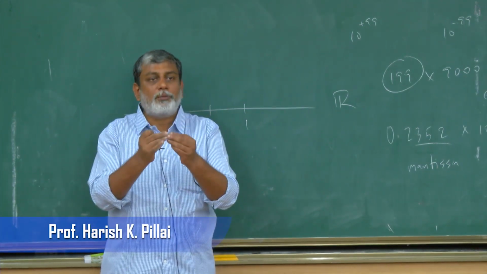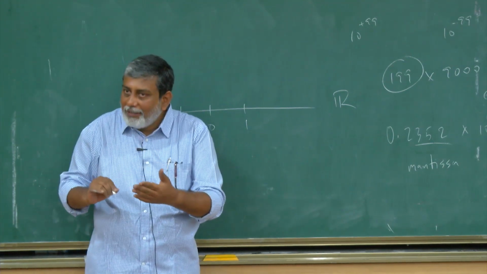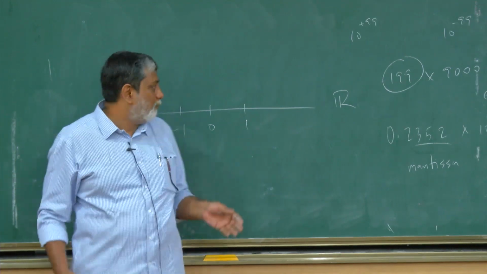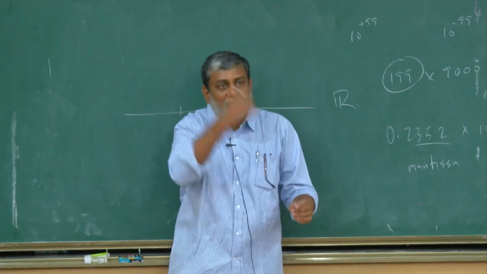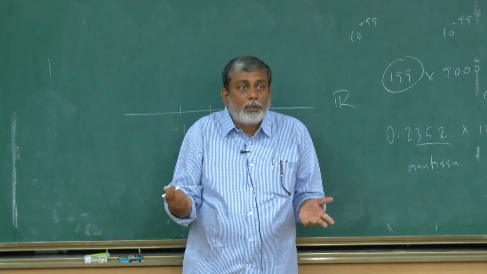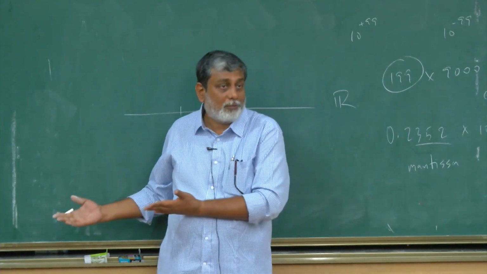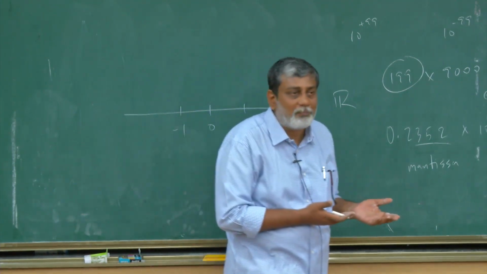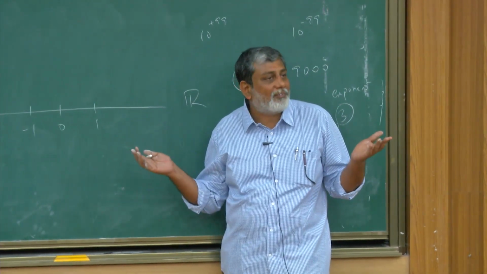When you do the operation by hand, you get an answer. But that answer may not be representable here. So now again you do one more round off. Is that okay? So when you do a lot of such computations, do you in fact end up getting the real answer, or do you get some answer?